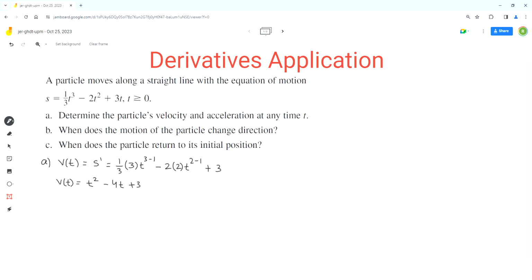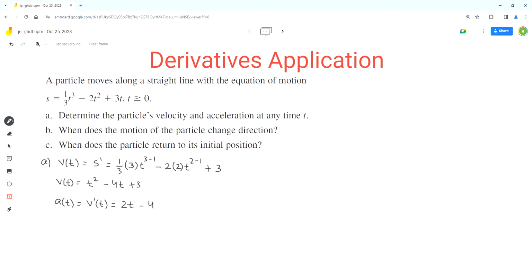Now we can find the acceleration function, and the acceleration function is the derivative of the velocity function, so v prime of t. Now we have to find the derivative of these three terms. So the derivative of t squared is 2t. As per the power rule, the derivative of minus 4t is just minus 4.